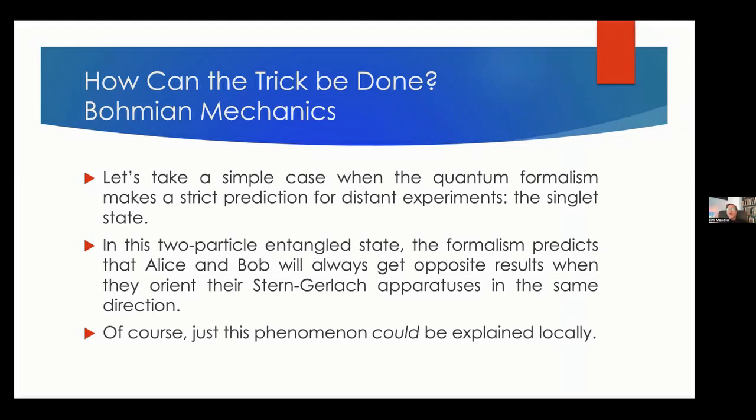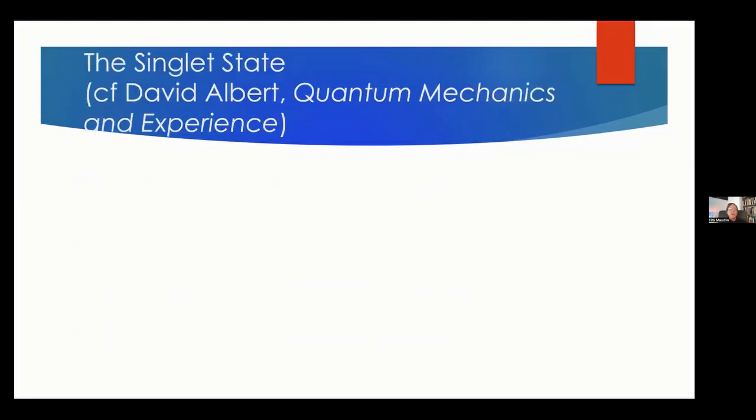These perfect correlations could be, but as a matter of fact, in the pilot wave theory I've been talking about, they're not. In the pilot wave theory, you have a kind of physical non-locality here. And I just want to go through this.